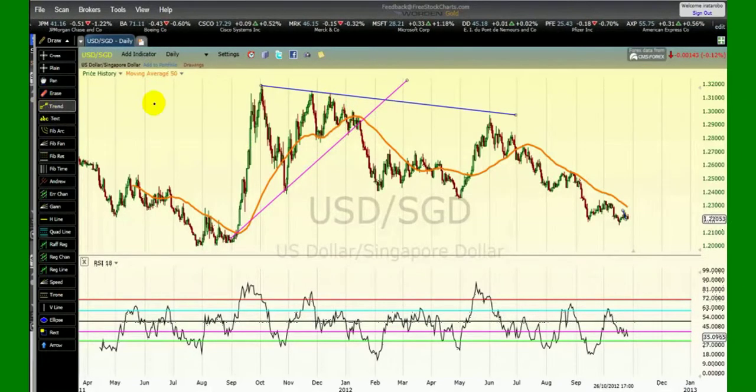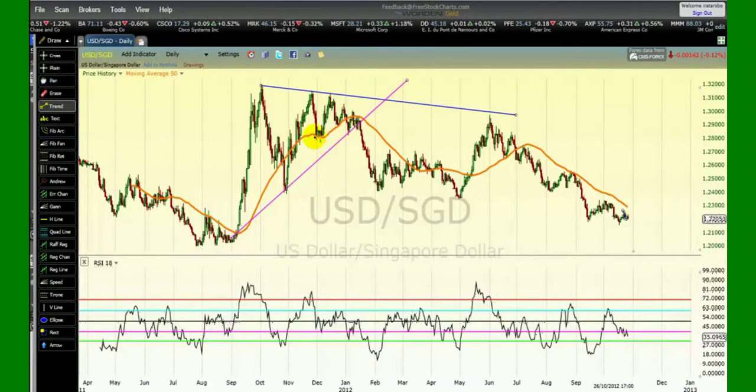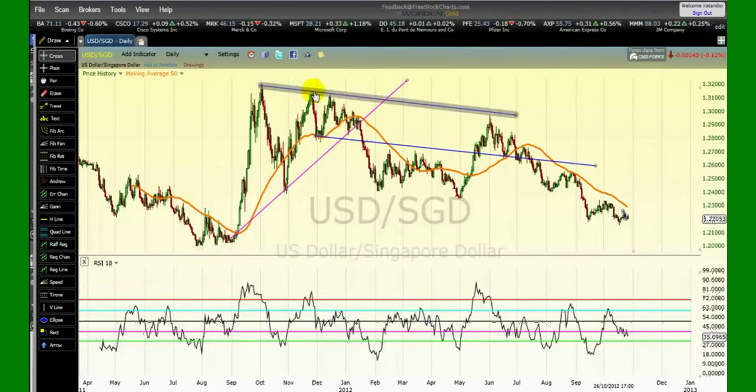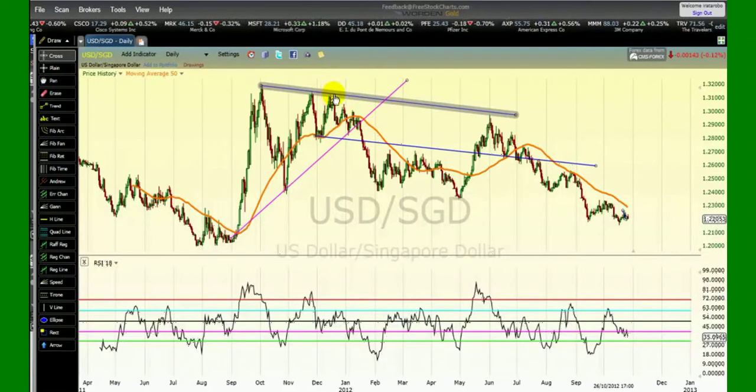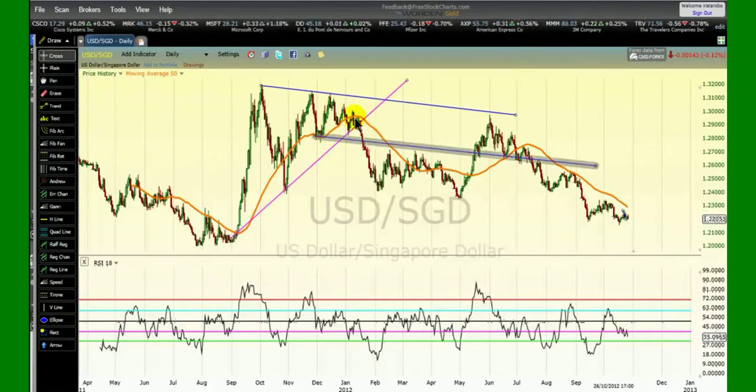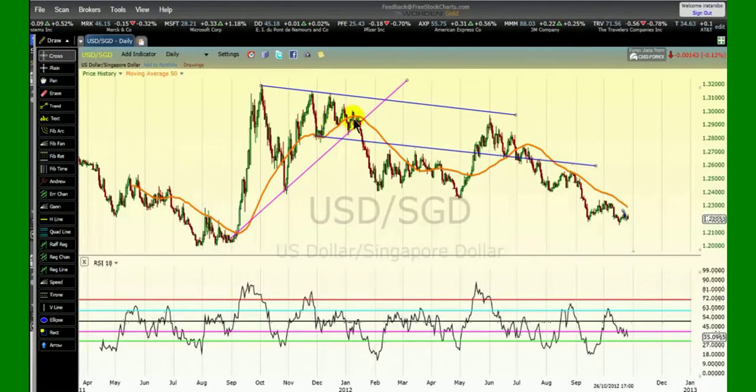So if I draw a line roughly parallel to the top one here, I will have something like this. So you see a lower high. It's not going anywhere. And finally we see the simple moving average 50 also bending. It's getting bearish.